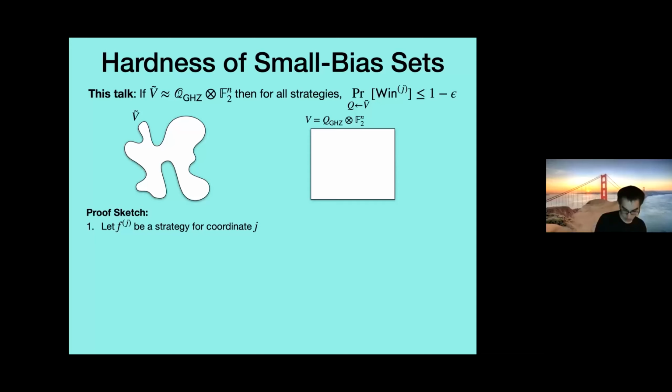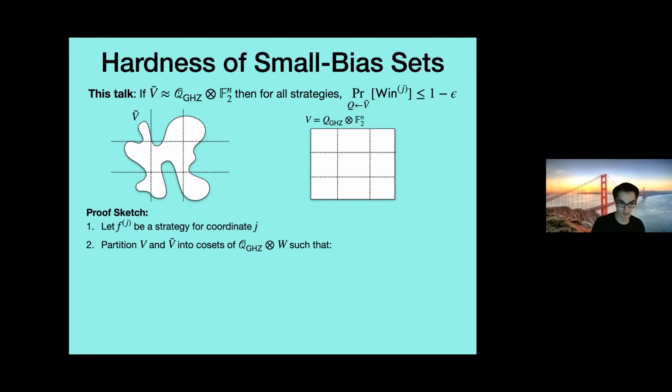So given this strategy, we'll build a partition of the whole space. Each little square in this grid will be a different coset of some fixed tensor, QGHZ tensor W.